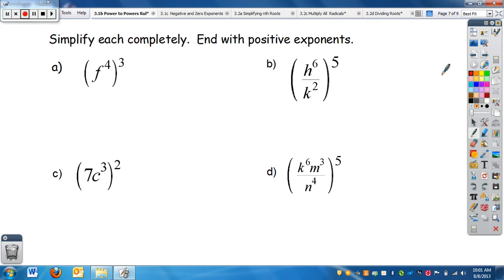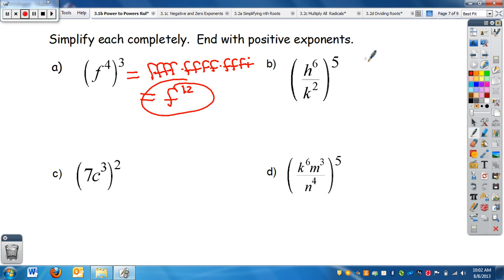Alright, so let's quickly go through a few examples. Again, we want to write this out as repeated multiplication, so you get used to this rule, and once I know you've mastered it, you can stop. So inside I have 4 f's, and I need that 3 times. Which gives me f to the 12th. On B, I have 6 h's.